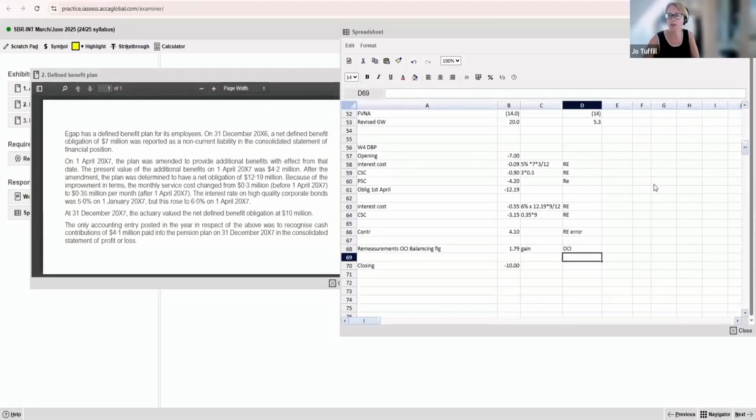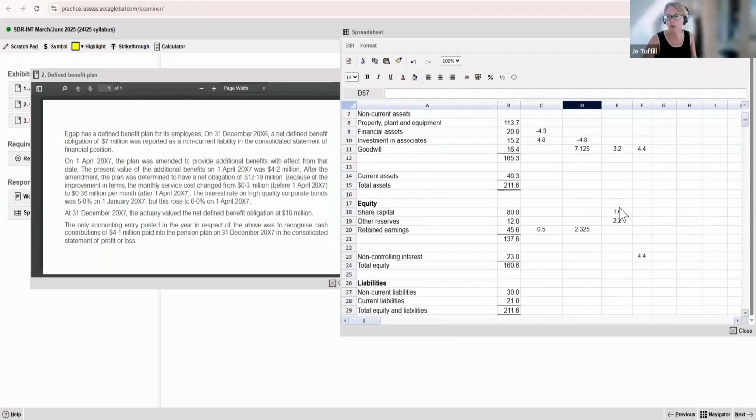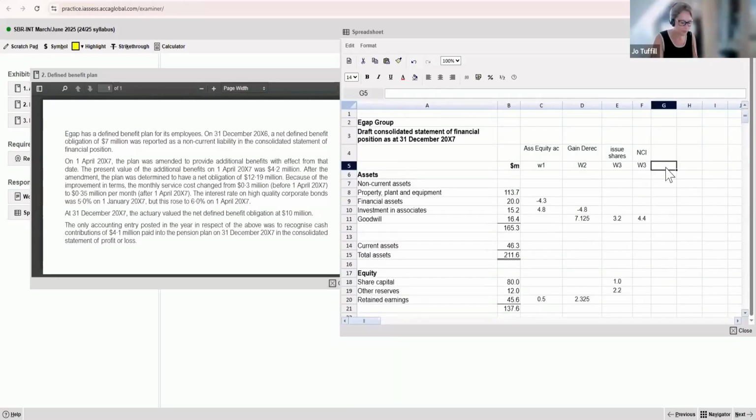So when you do the journal, it's clear where we're putting that through, because remember, we've got to put this journal through. So let's reference working for and put the journal through. And so I'm literally going to do it in one go.